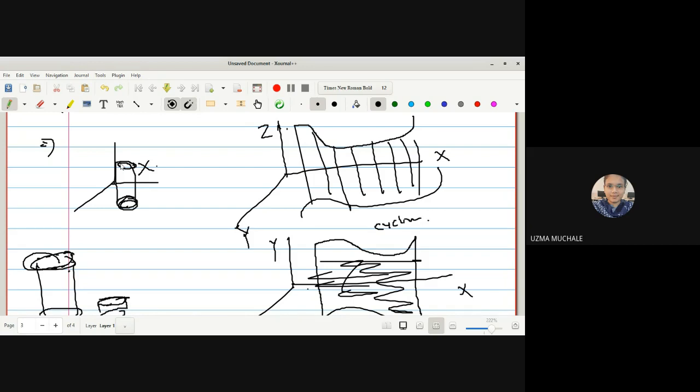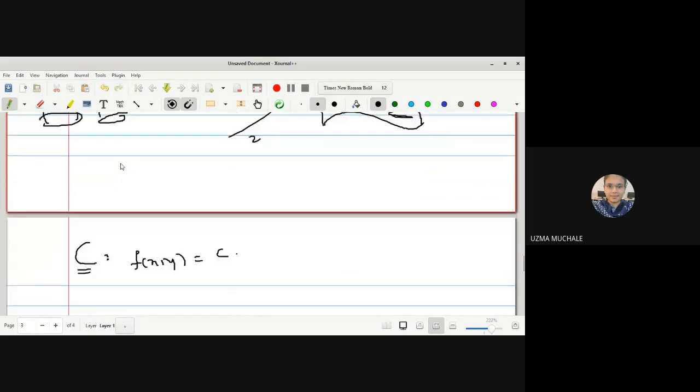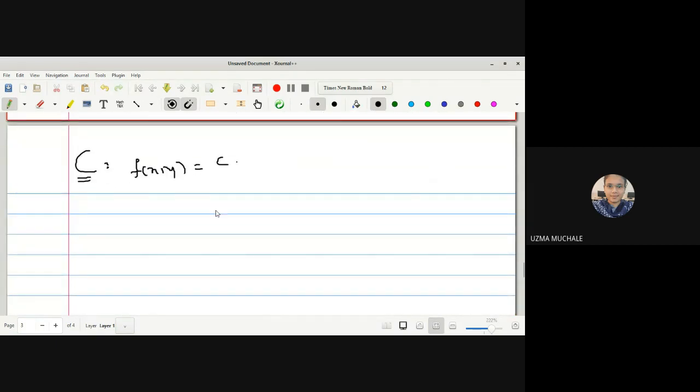like this. Okay, so just imagine that you have a curve in the xy plane with f of xy equal to some constant c.